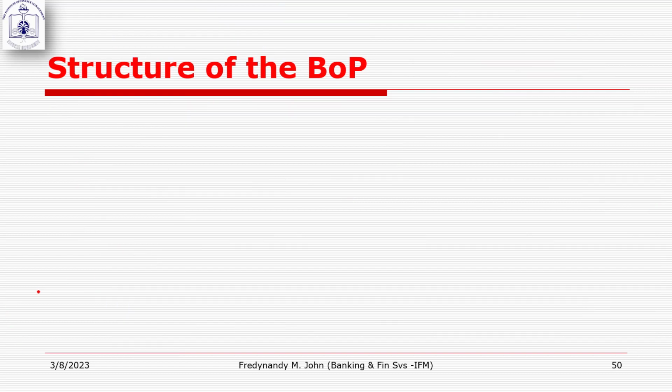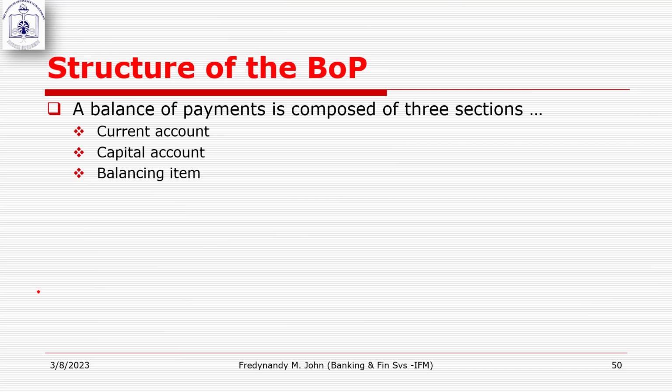Let's see the structure of the balance of payment. A balance of payment is composed of 3 sections. First is the current account. Second, the capital account. And third, the balancing item. But in some other literature, the balance of payment is composed of 4 accounts.